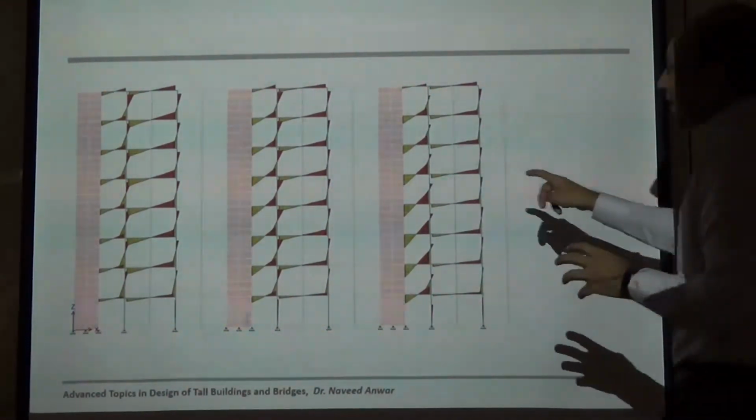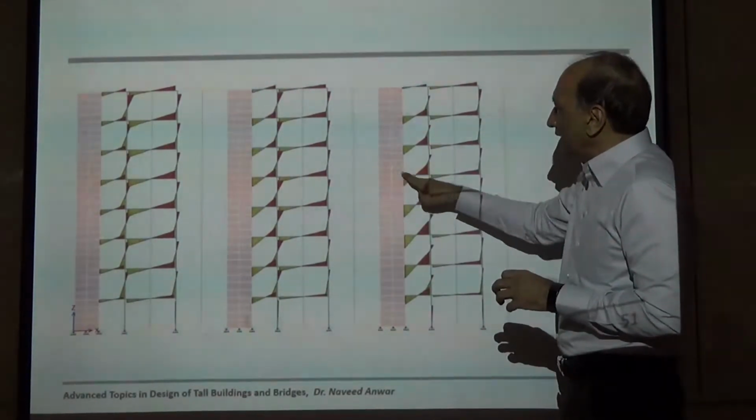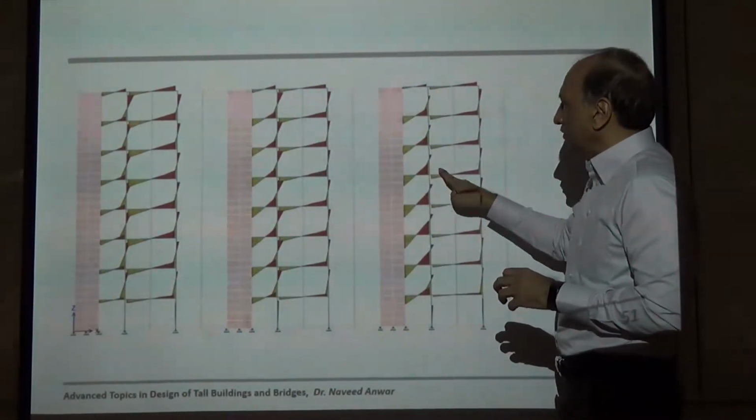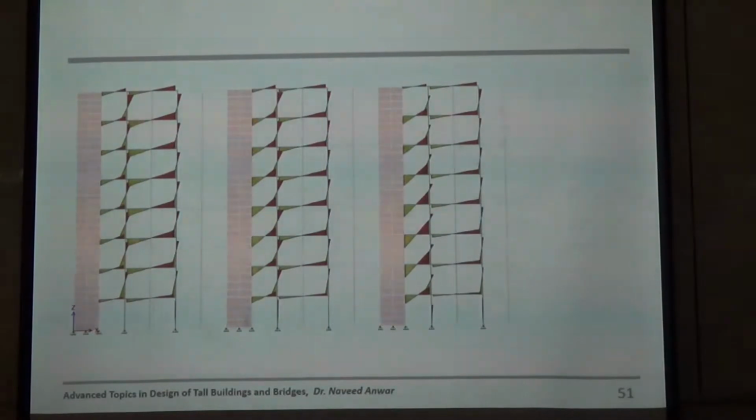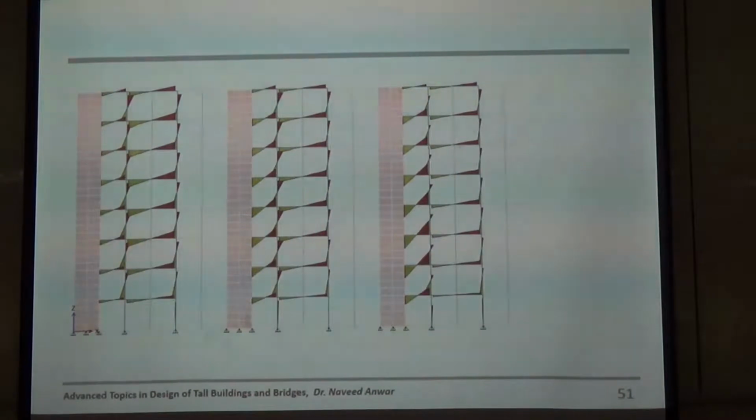And we rely on them to provide limited capacity between frame and shear wall. I will talk more about the link beams as we go along, but this is a very important part of the tall building. We call them coupling beams or link beams, and they connect the shear wall to the frame or connect two shear walls together.